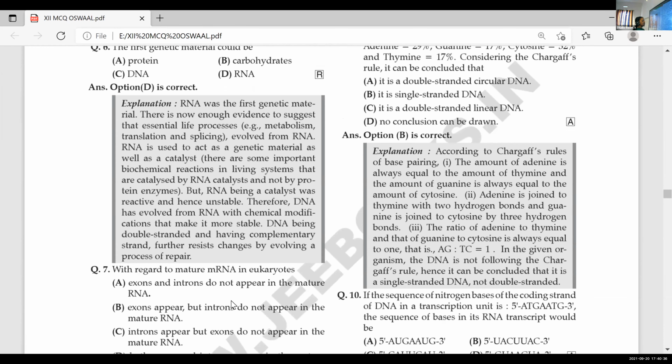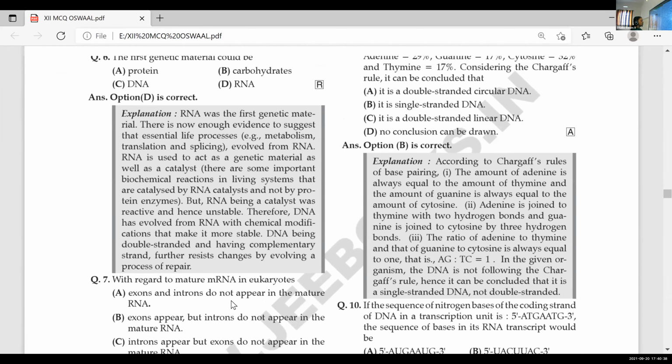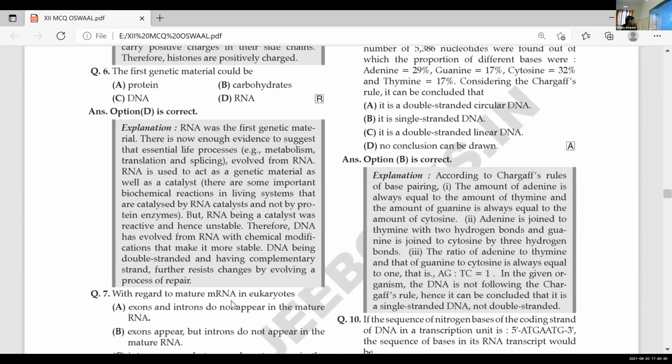You tell me what will be the correct answer. No need to see the options. Malavika, you finished writing? Looking at that, can you say the sequence?